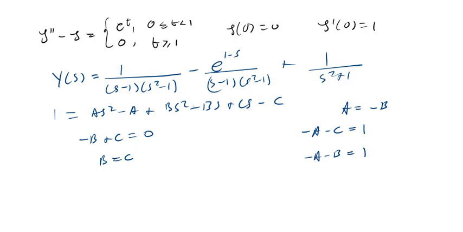So how did I write it? Yeah, we have 1 over s minus 1, then s squared minus 1. That's a quadratic, so that appears to be the correct format.